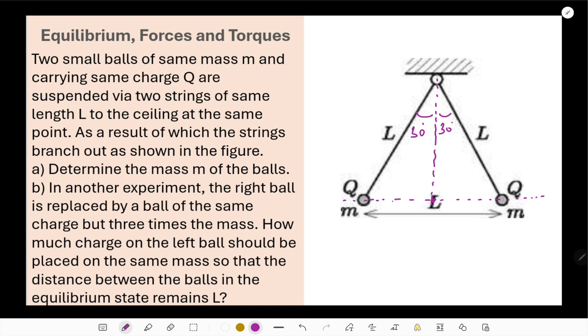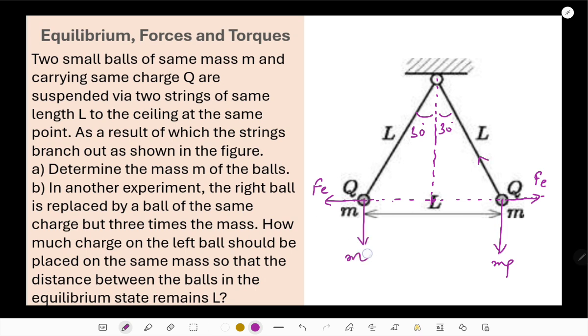I'm going to draw the free body diagram of any of these masses because both will have the same. So this is the electrostatic force, its direction will be different, and the force of gravity acting on it like this, and there will be the tension in the string.